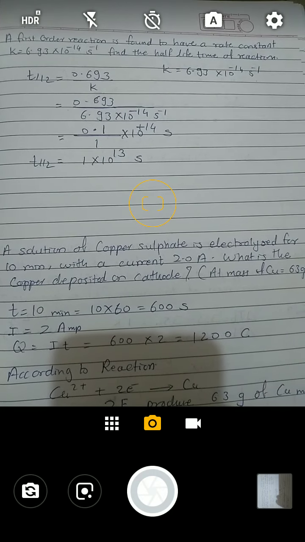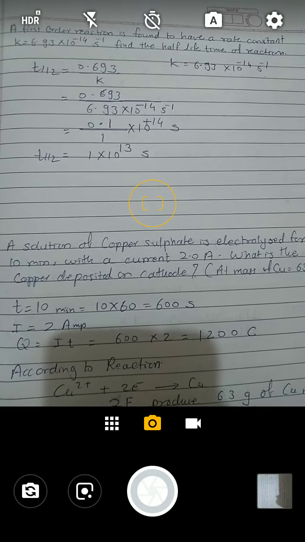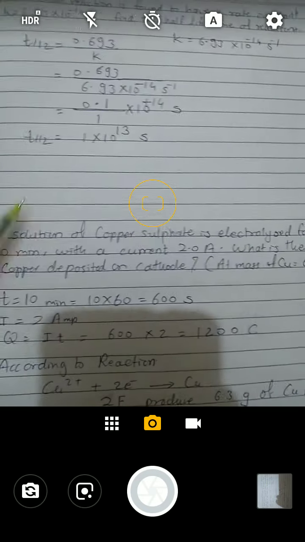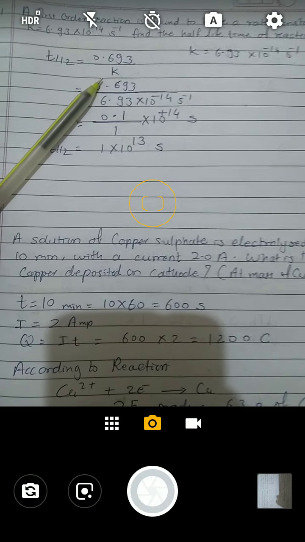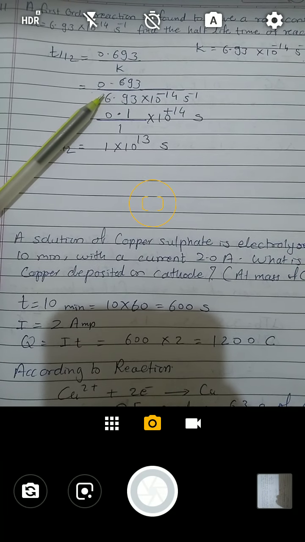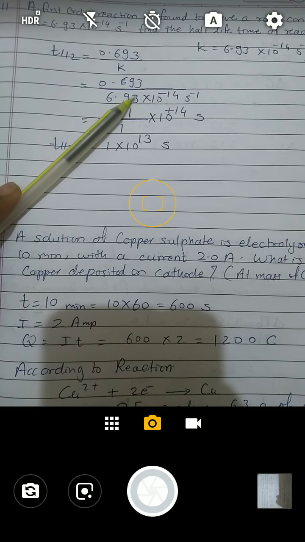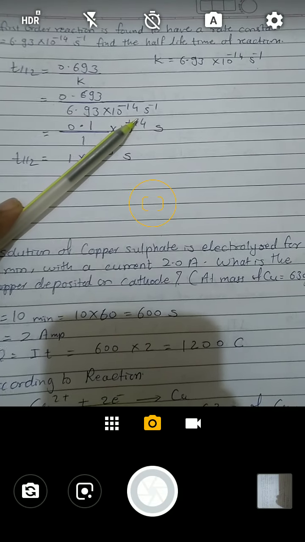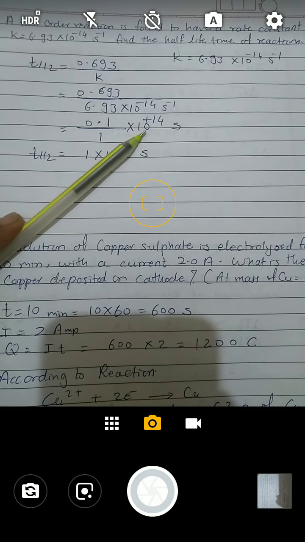So I will apply the half-life time formula for the first order reaction, that is t half equal to 0.693 divided by K. After the application of 0.693 divided by 6.93 into 10 raised to power minus 14 second inverse, that will come in the denominator.